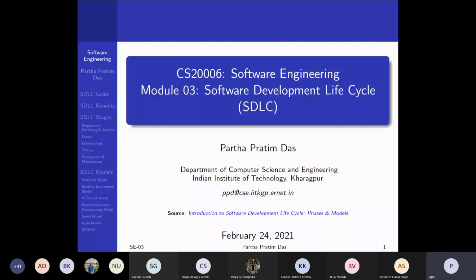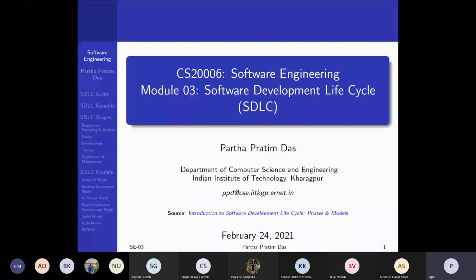So it's similar to that, but software can go through a lot of iterative parts in the life cycle. There are different ways you can actually develop software, and therefore there are different life cycle models that are available. So they are collectively called the SDLC, or the software development life cycle.